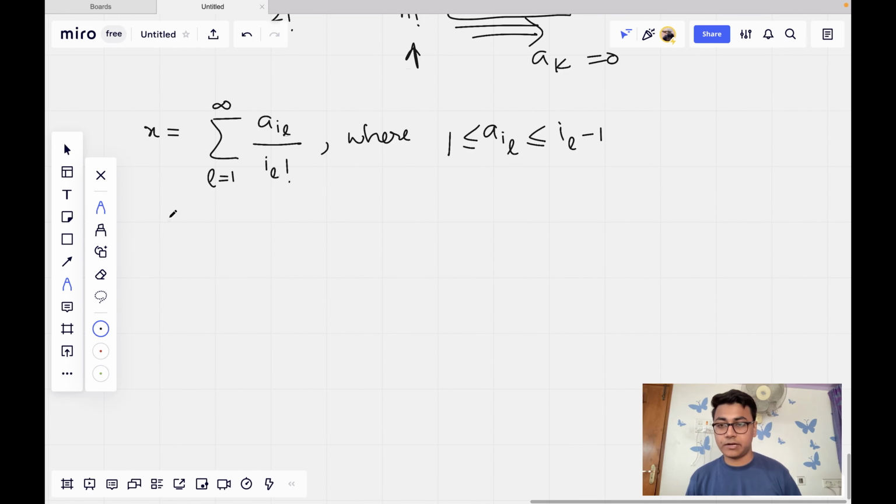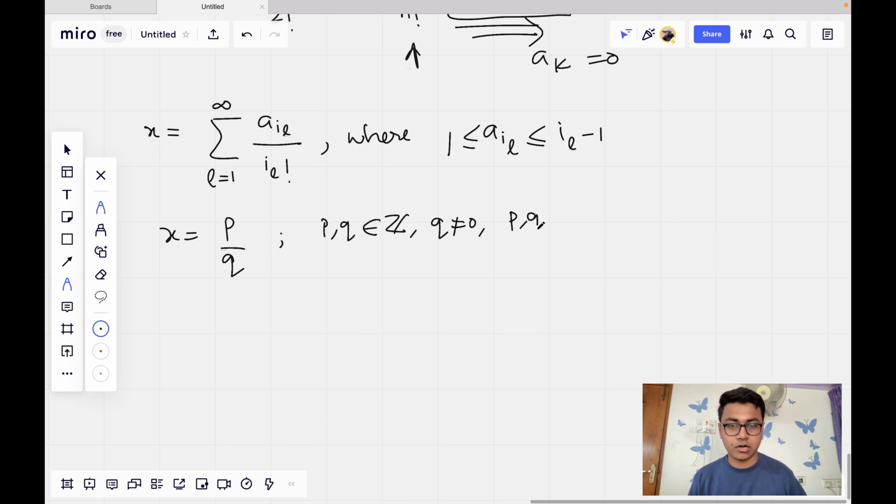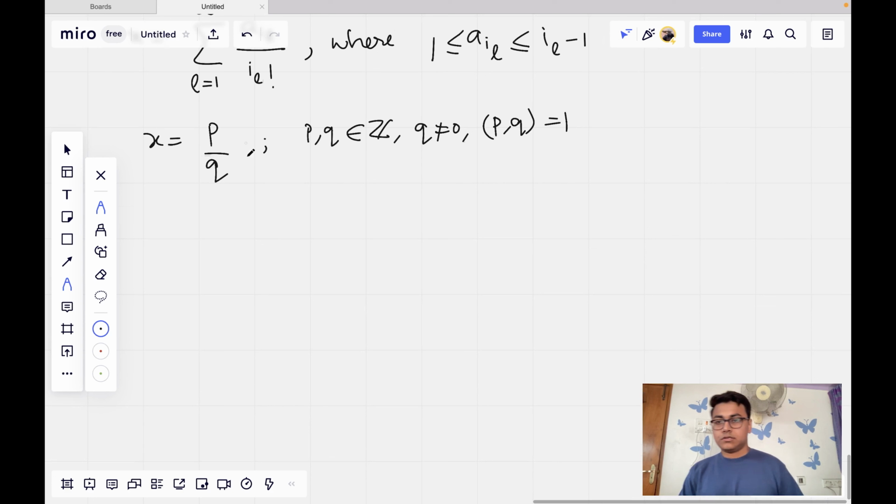x is a rational number, right? So x has a representation like this, p by q, where p and q are both integers, q is not equal to 0, and p and q are coprime. So x is equal to p by q.